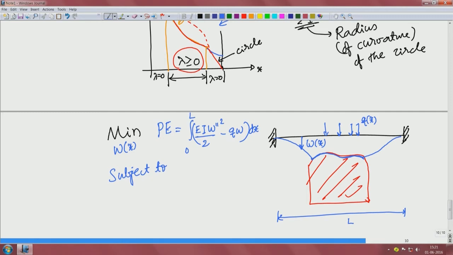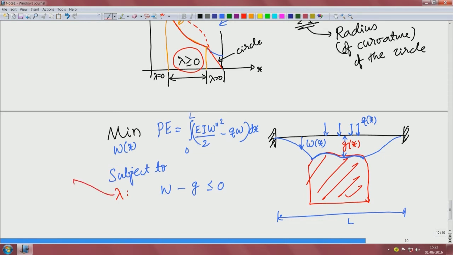When we minimize potential energy, we will find the W of x that gives a static equilibrium solution, but then we have the problem that the W we get has to be less than the gap function. So here we can define a gap between the beam and the obstacle. We say G is less than or equal to 0, that is W minus whatever gap that is different at different points, which will be specified, and hence there will be a corresponding lambda here.